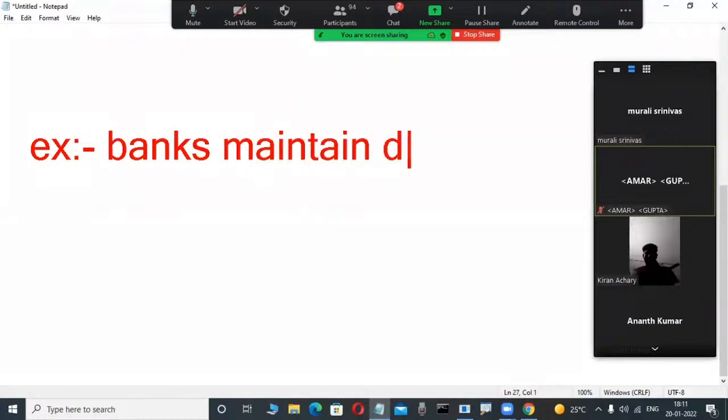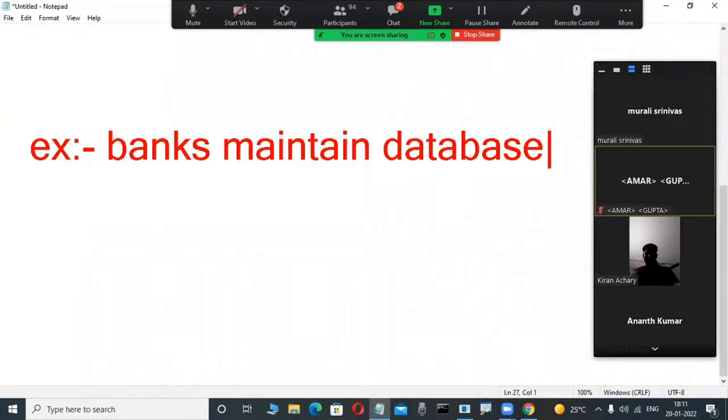What is the purpose? Suppose customers and account holders deposit some amount. You also deposit some amount. Your details, your name, address, phone number, your balance, your account number, are important to store permanently.